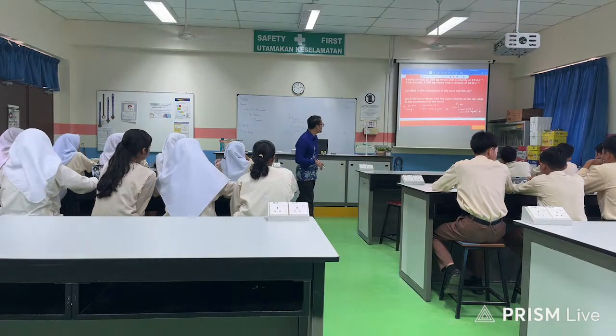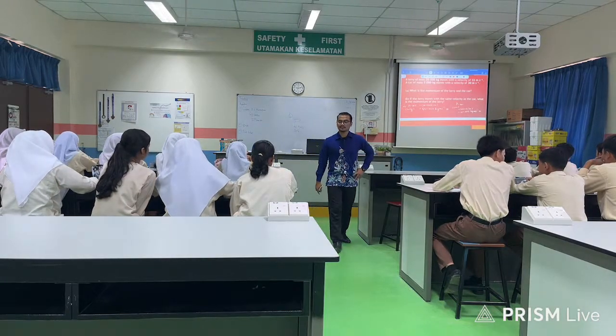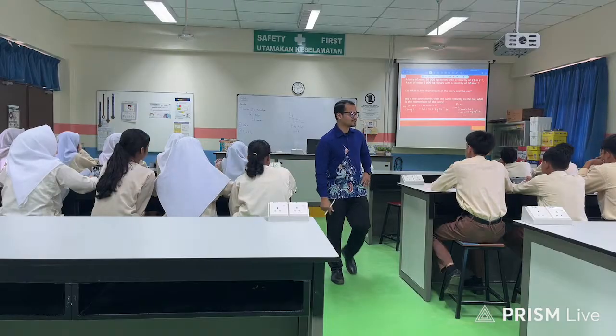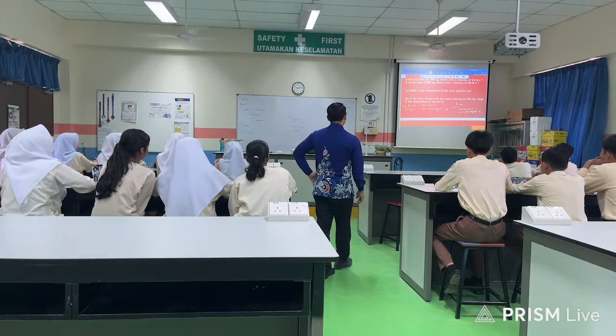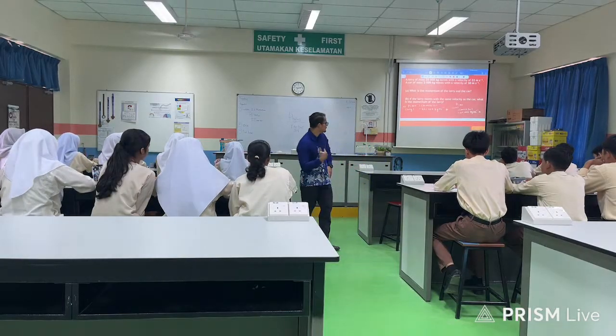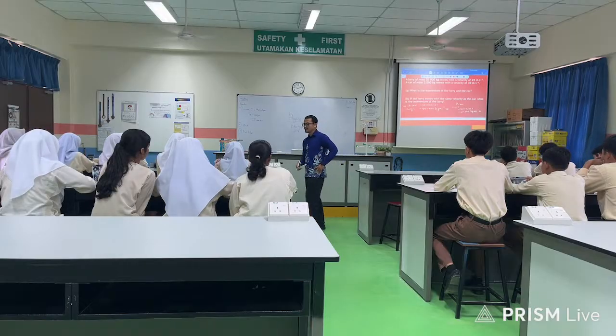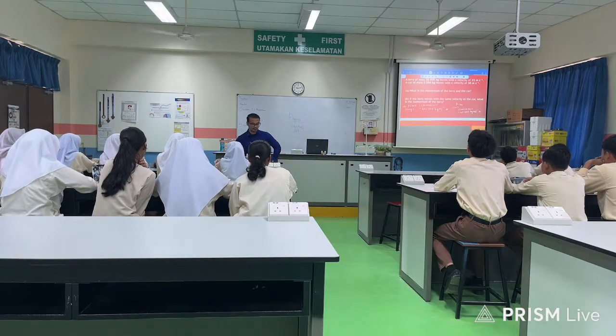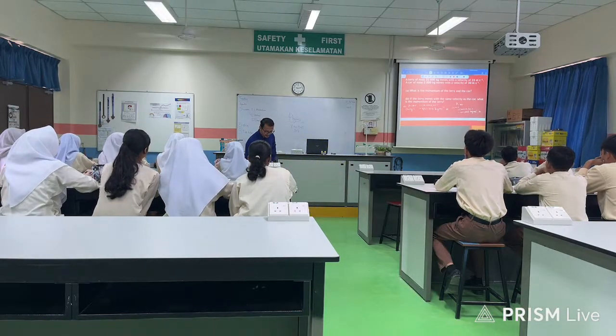And then B. If the lorry moves with the same velocity as the car, what is the momentum of the lorry? So the slight adjustment that you have to do here is to change the value of velocity.